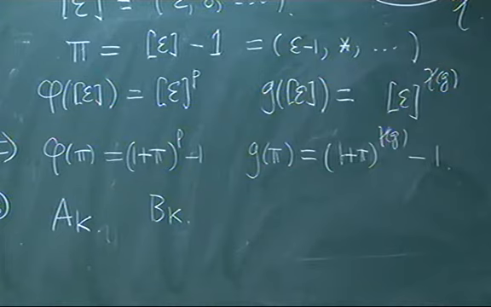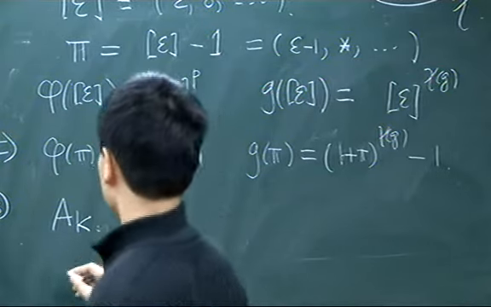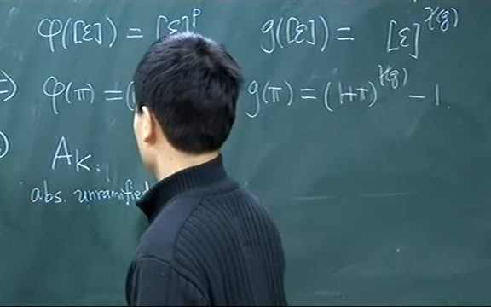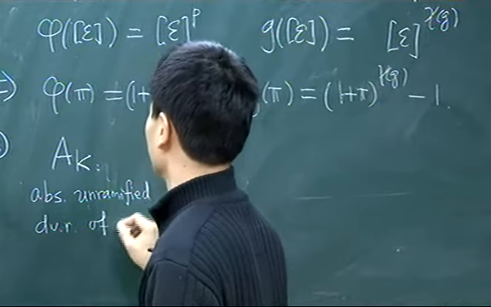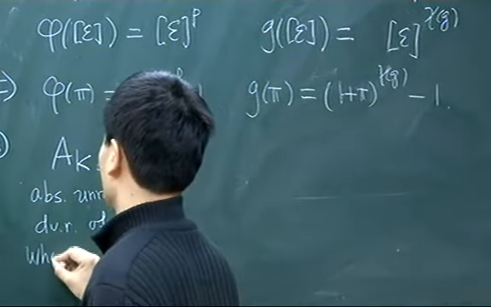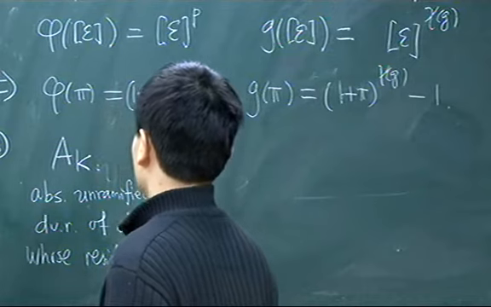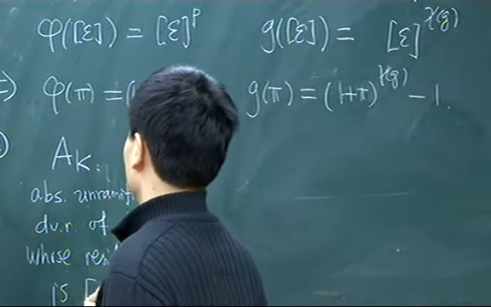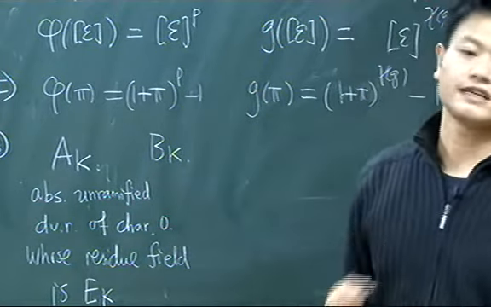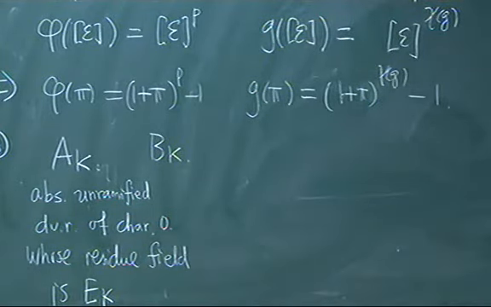As we just claimed about this, A_K is an absolutely unramified discrete valuation ring of characteristic 0 whose residue field is E_K. Because E_K is not perfect, E_K tilde is.